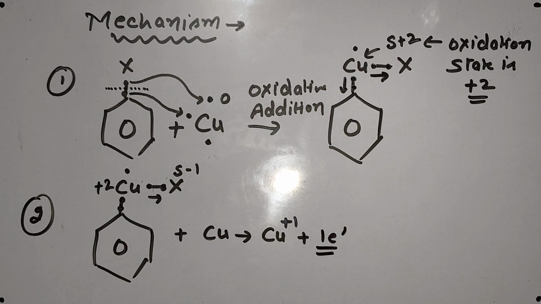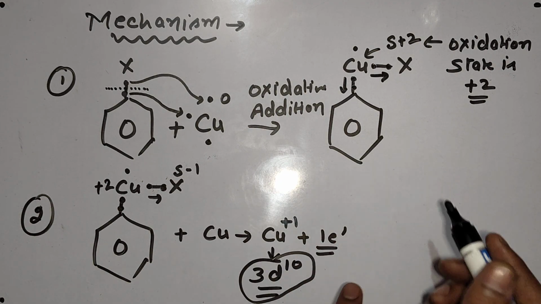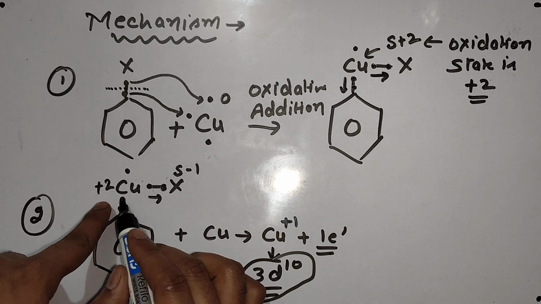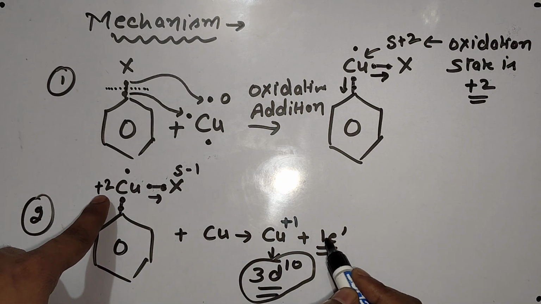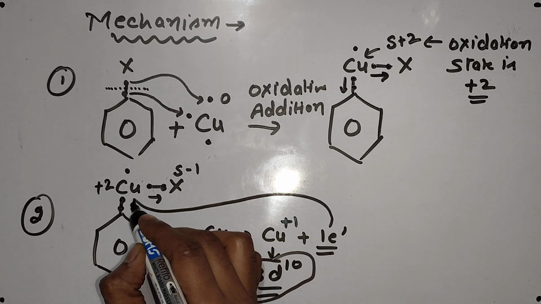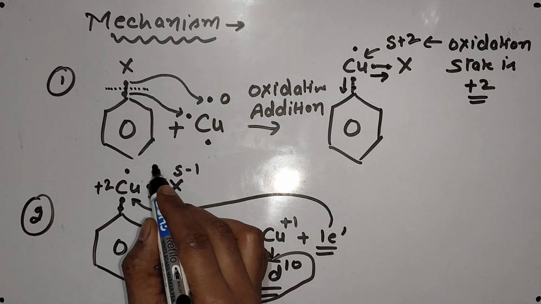We know copper can show +1 oxidation state, and in this oxidation state it gets 3d10, a stable electronic configuration. Now, due to losing 1 electron, this copper has +1 charge, and this is the electron with negative charge. This negative electron will go toward the positive particle and the bond between copper and X will break.